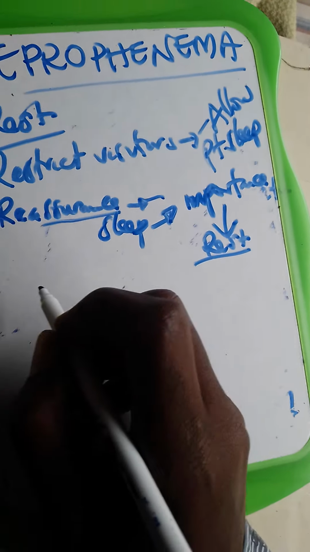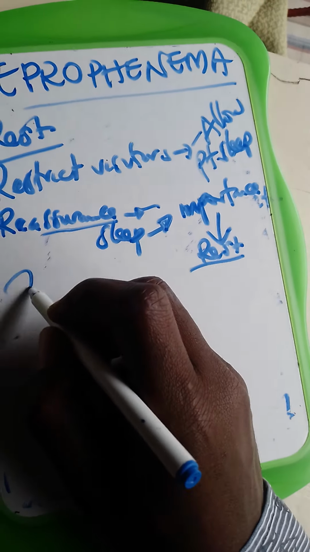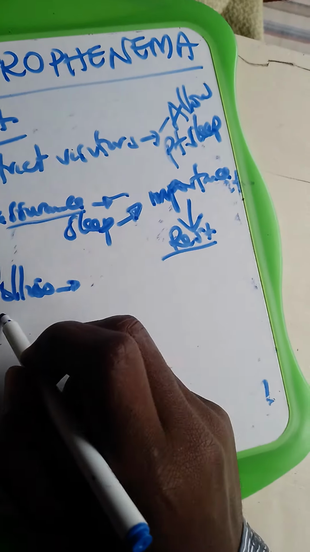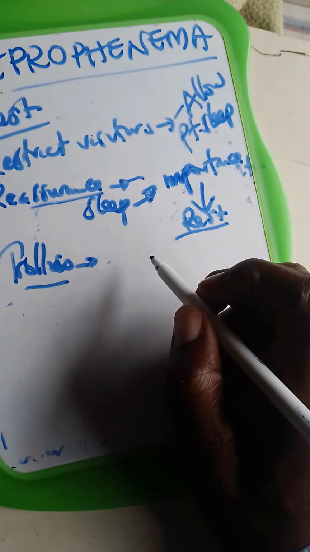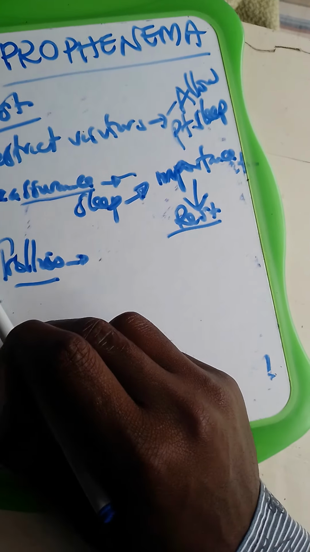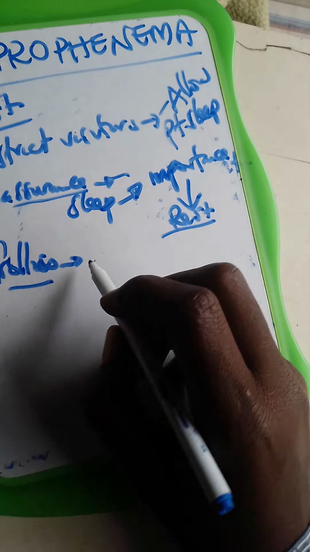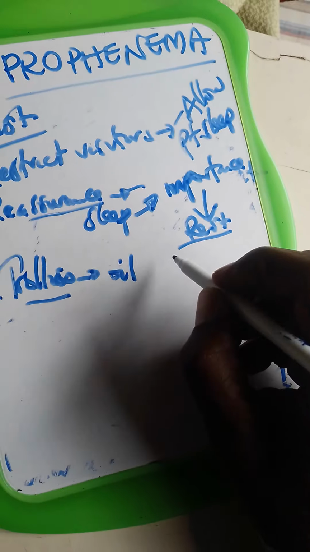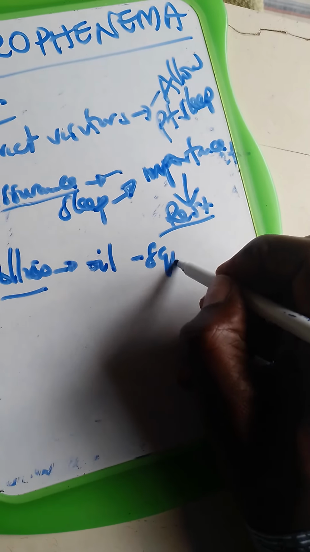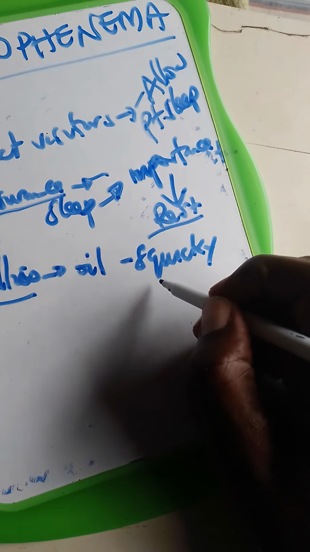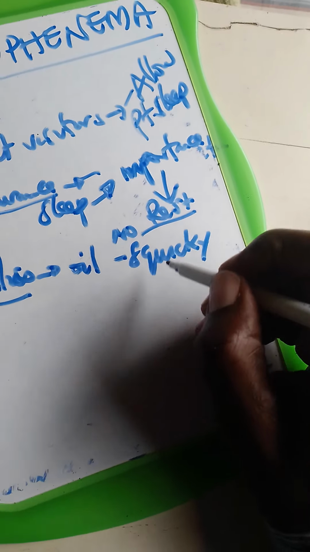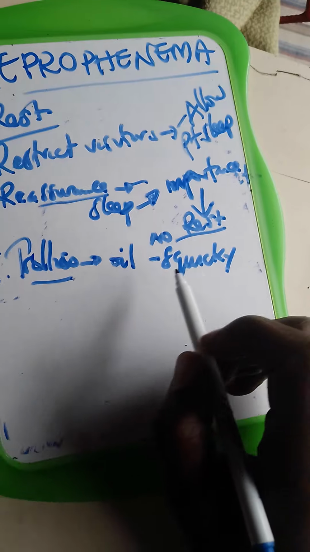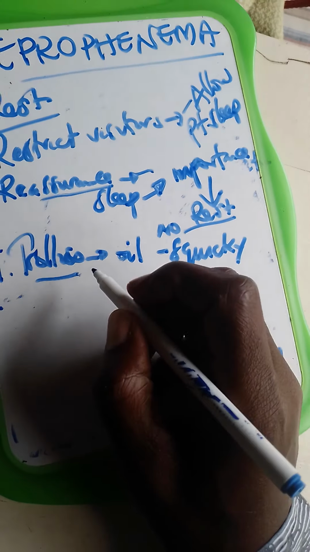Then what about the trolleys? What can you tell them about the trolleys? Wards may have trolleys which are not functioning properly. So we are going to say that you ensure that all the trolleys are oiled so that they do not produce a squeaky sound, so that the patient is allowed to sleep or rest.